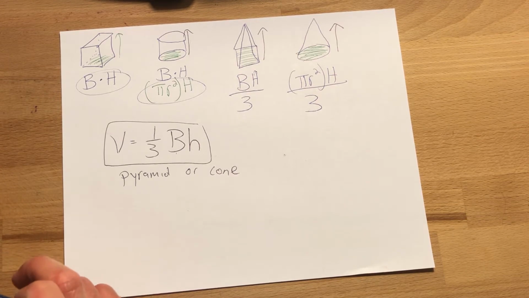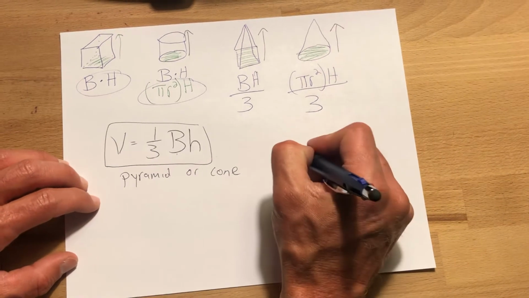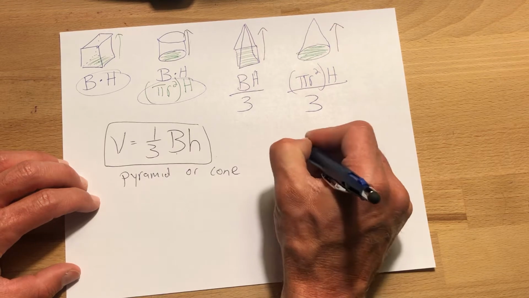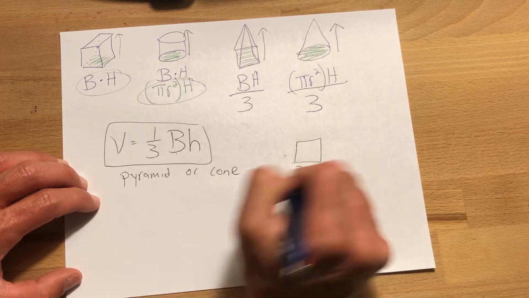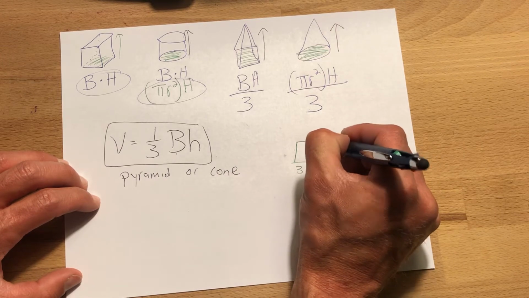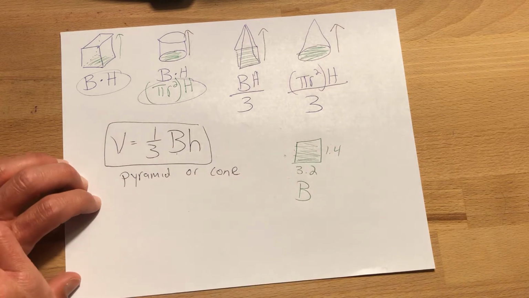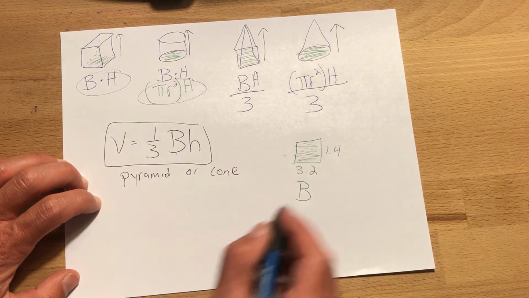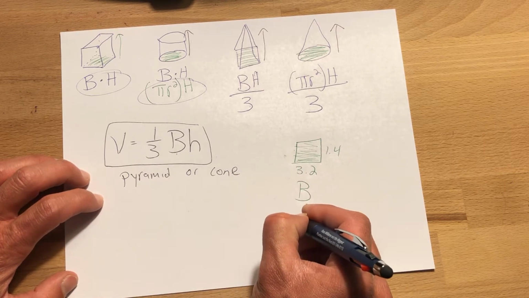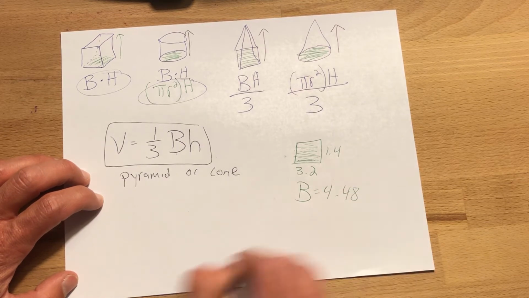All right, and then what they do is they give us a couple example problems. First one is a straight pyramid. So what they're going to do is they're going to take the area of this base. This is 3.2, and this is 1.4. So we're going to take the area of this full base. And the way you do that is multiply 3.2 times 1.4, which is going to give me 4.48 units.